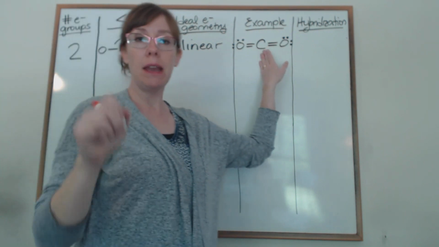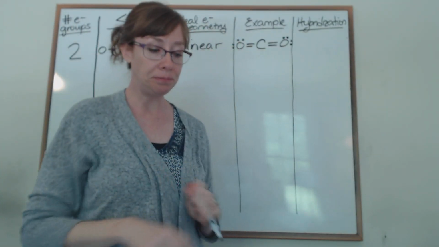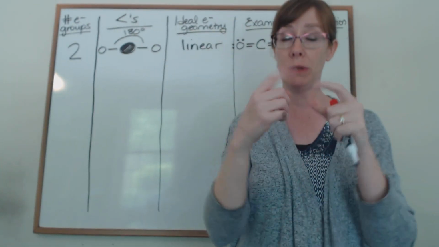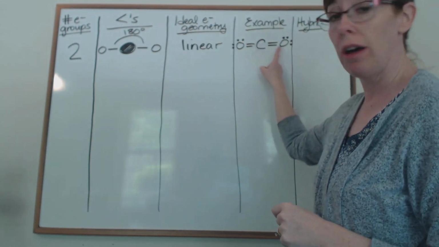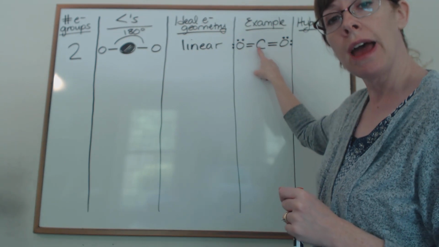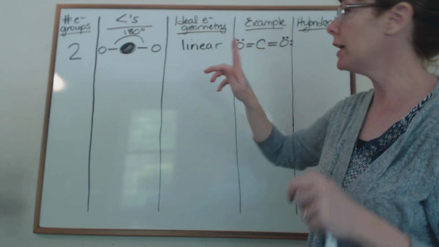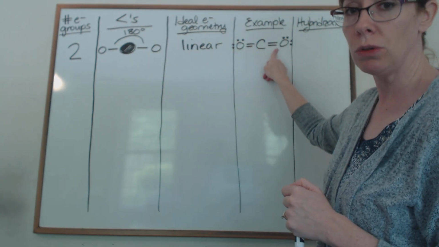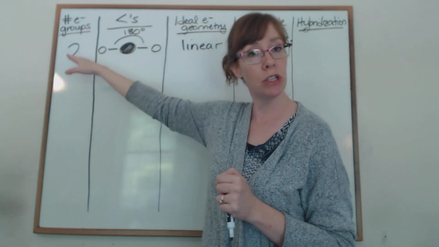So if you had been asked to draw a VSEPR model for carbon dioxide, you would start with the Lewis structure. You would draw this, okay? Then you would look at the central atom and you would count how many electron groups are around him. He has 1, 2. That's why he's the example for 2.